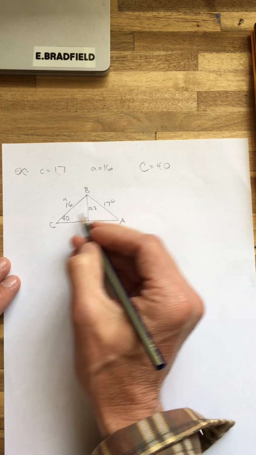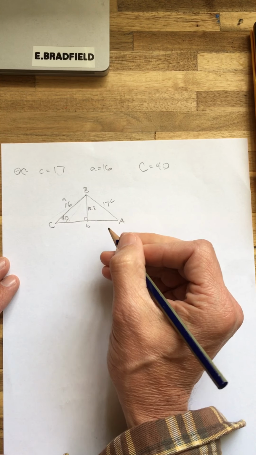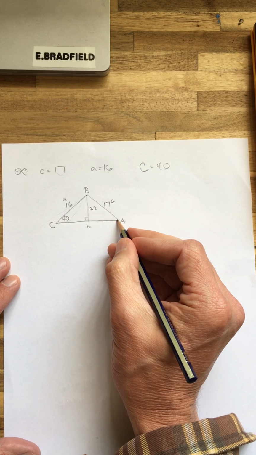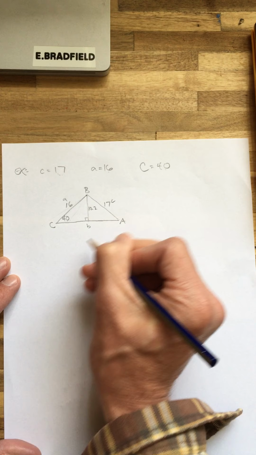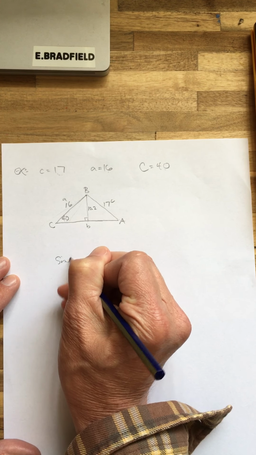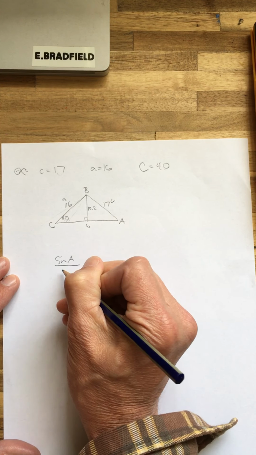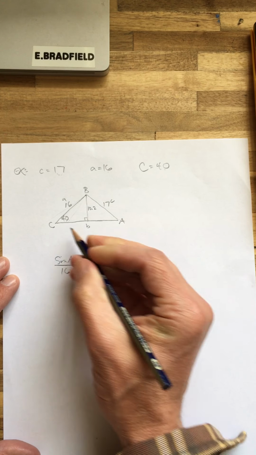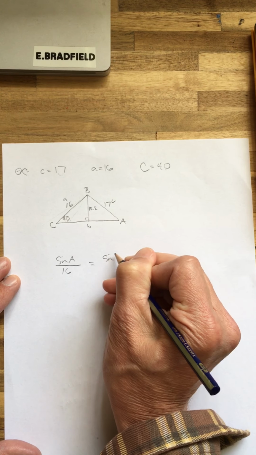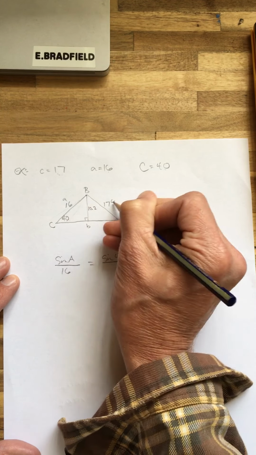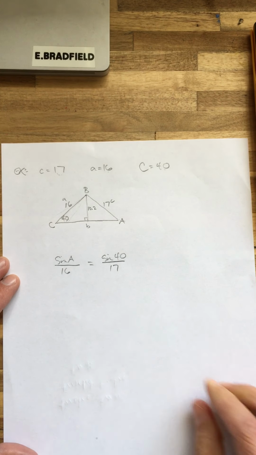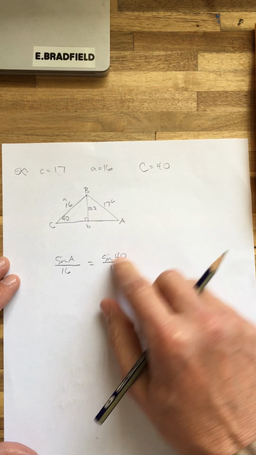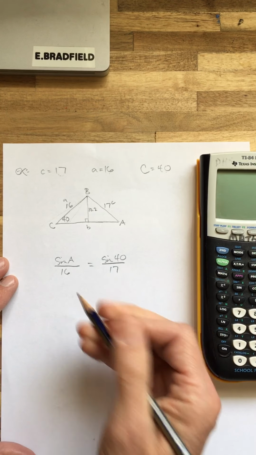So I'm going to take the two things that I know. What will I be solving for? Sine of A. So let's do sine of A on top. Sine of A over 16 is equal to sine of 40 over 17. And now let's just plug those in.